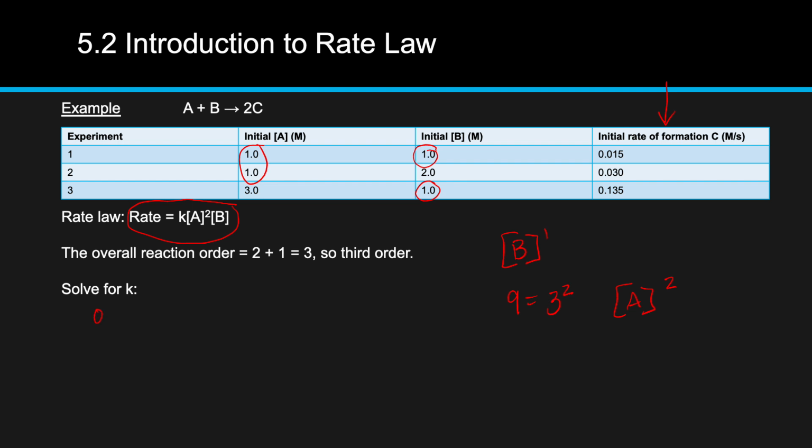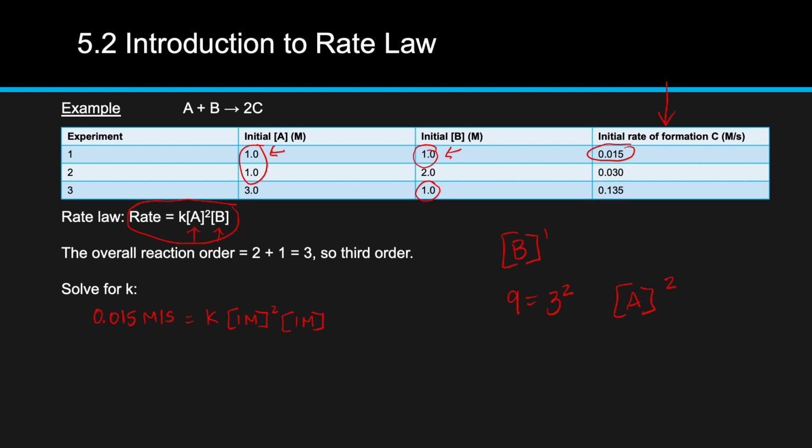So our rate is 0.015 molarity per second, and that is going to be equal to K times the concentration of A squared times the concentration of B. So it'll be K times 1 molarity squared times 1 molarity. Now just remember, if you're using experiment 1 data, you have to use the concentrations from experiment 1 as well.